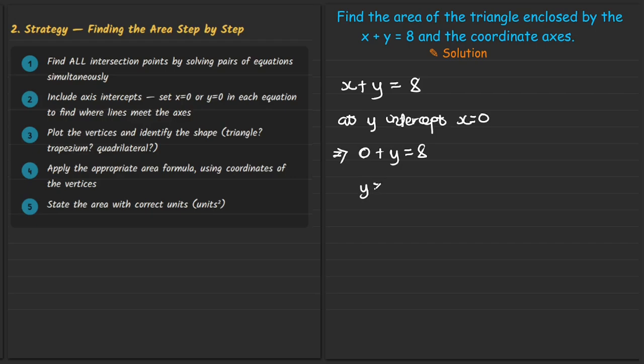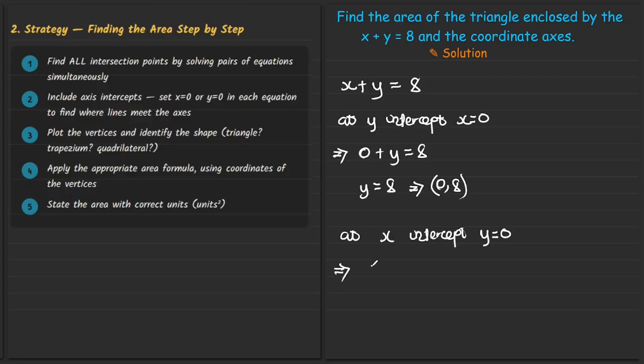Hence, our y is equal to 8. And that gives us our first point. So our first point is going to be 0, 8. This here is the y-intercept. Then we look at the x-intercept. So we know at our x-intercept, what happens? The value of y is also equal to 0.